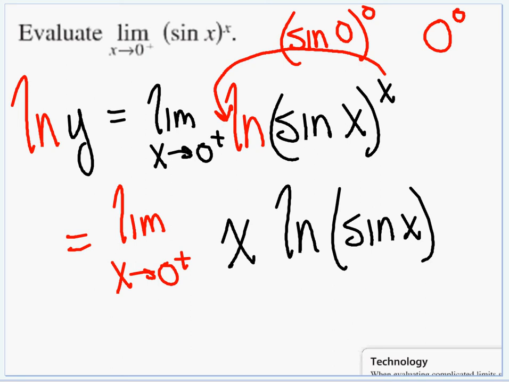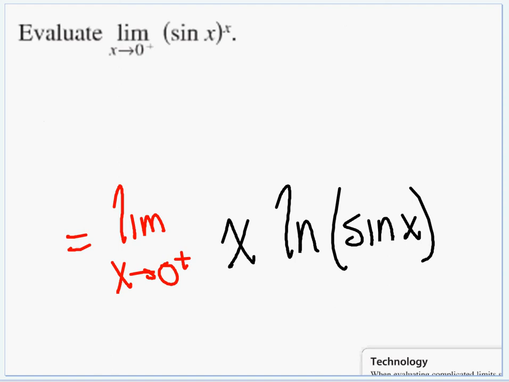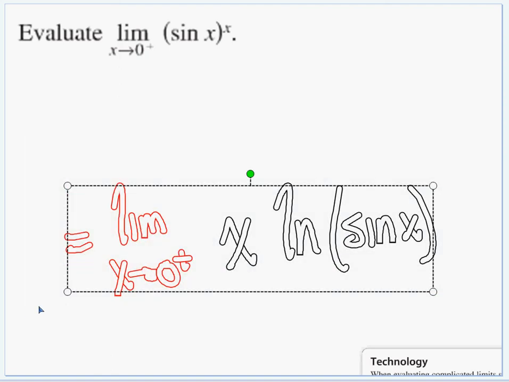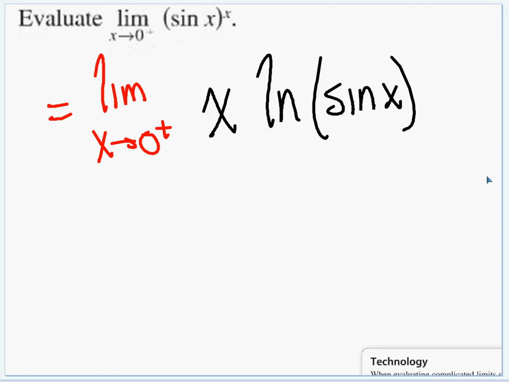Okay, let's try direct sub again. Every little maneuver, we can always try direct sub. Now here, L'Hopital's rule only applies in fractional form, but we can make sure we're on the right track. If we plug in 0, this x turns into 0, the sine of 0 is 0, and the ln of 0 is negative infinity.